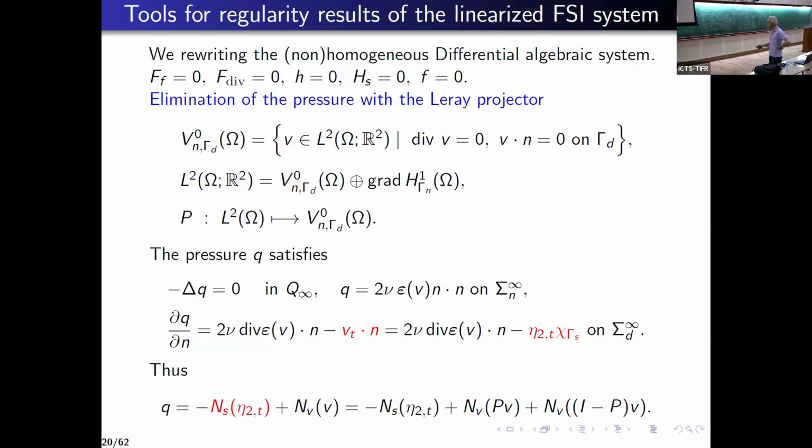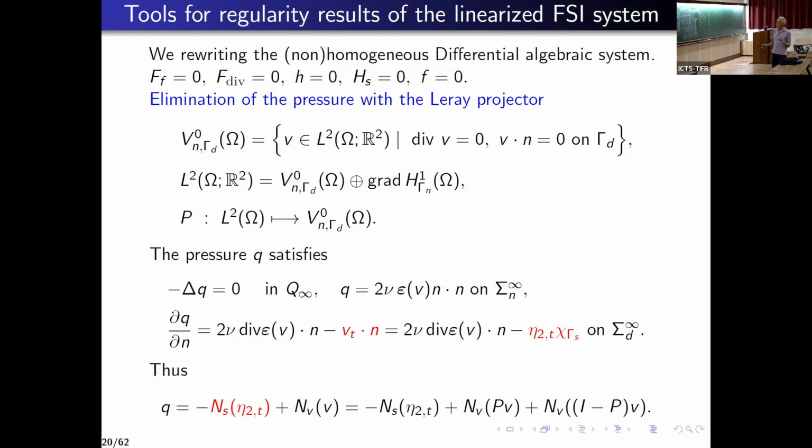So this is the Neumann boundary condition. This is the analog of what I have written here. But when I take the equation with the stress tensor instead of taking the Laplace operator, this is exactly the Vt dot n. So what is important to understand is the fact that in this equation, there is something depending on V. So I denoted NV, which means the Neumann problem associated with V.